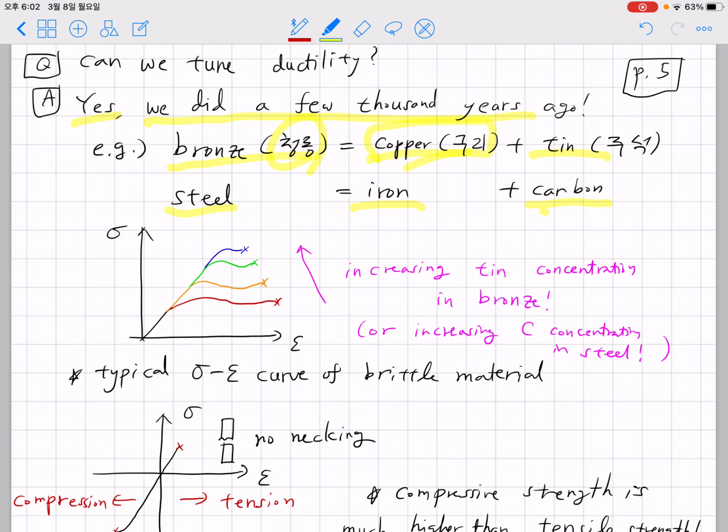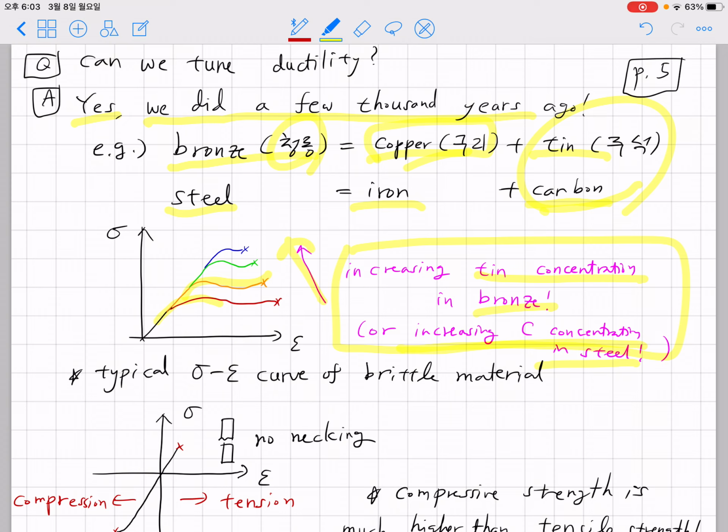The idea behind mixing these other elements is that you increase the strength, even though you sacrifice the ductility a little bit. So increasing tin concentration in bronze or increasing carbon concentration in steel, you will have increasing strength and decrease in ductility. This is a typical behavior of ductile material.